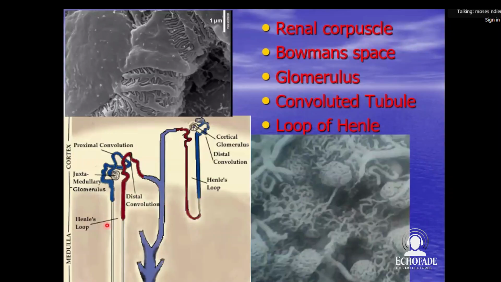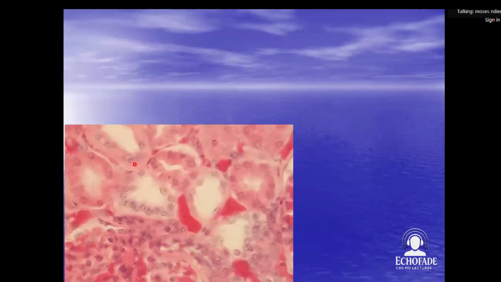From the thin ends of the loop of Henle, we have the thick end of the loop of Henle, which is the same as the distal convoluted tubule. What is the structure of the distal convoluted tubule? In this slide, this is the distal convoluted tubule. You can see the staining is light because there's less mitochondria.